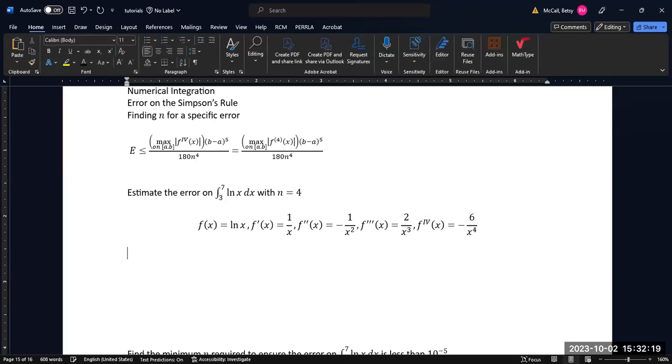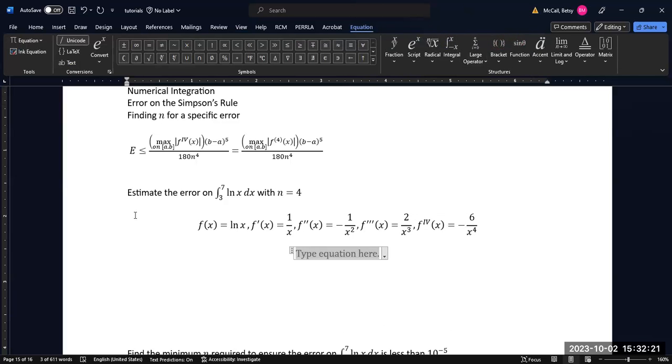Now, the thing to keep in mind for our formula is that we are finding the maximum of the absolute value of the fourth derivative. So that negative sign on the front, we're going to ignore.